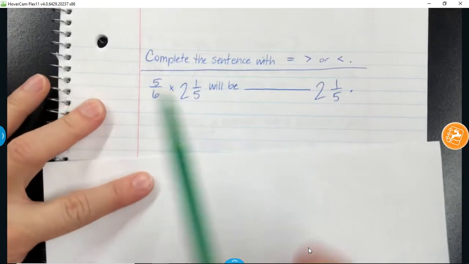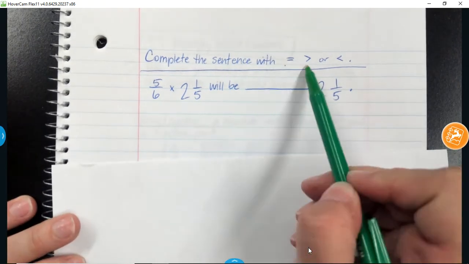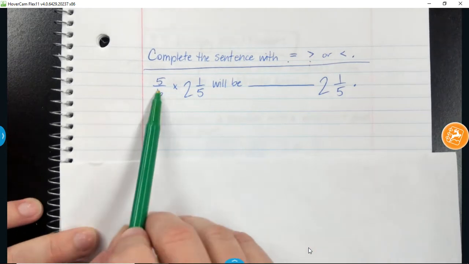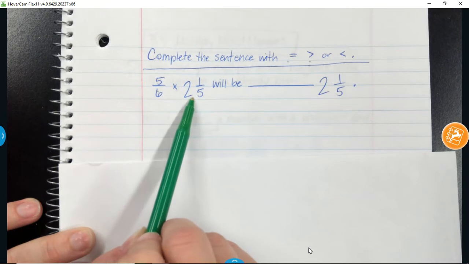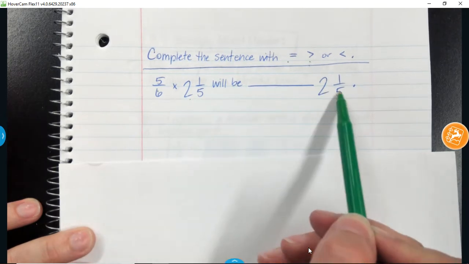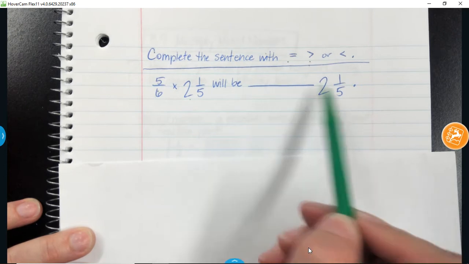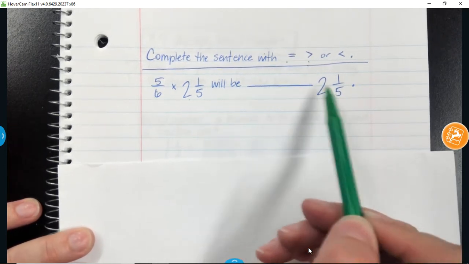All right, now you're going to complete the sentence. You're going to complete it with an equals, a greater than, or a less than. I'm trying to simplify it a little bit for you. So if you have 5/6 times 2 1/5, it says 5/6 times 2 1/5 will be blank 2 1/5. Will it be equal to 2 1/5, greater than 2 1/5, or less than 2 1/5?